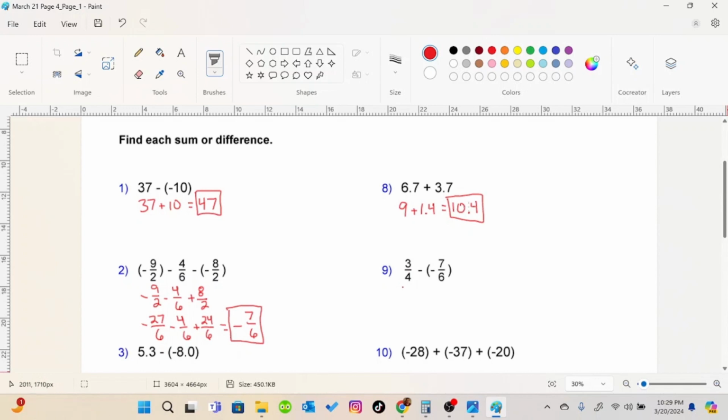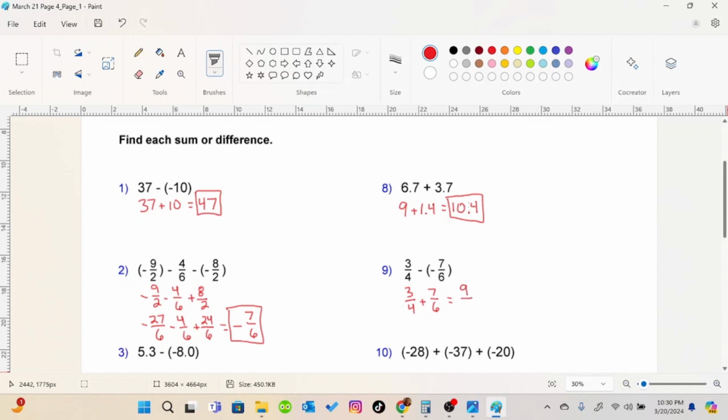Number 9. Minus a negative becomes addition. And now we need a common denominator. The least common denominator for 4 and 6 is 12. So I need to multiply 3/4 by 3 over 3.